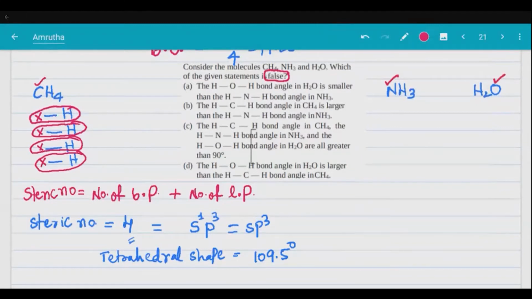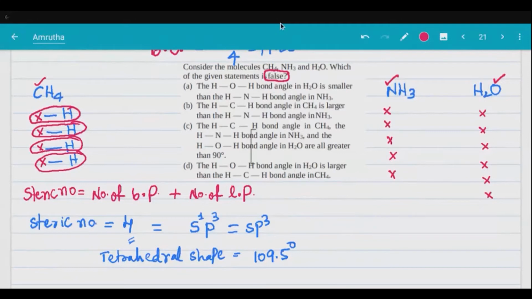Nitrogen valence is how much? 1, 2, 3, 4, 5 valence electrons. Oxygen as the central atom: 1, 2, 3, 4, 5, 6. Write these electrons, and we already know the hydrogen valency.